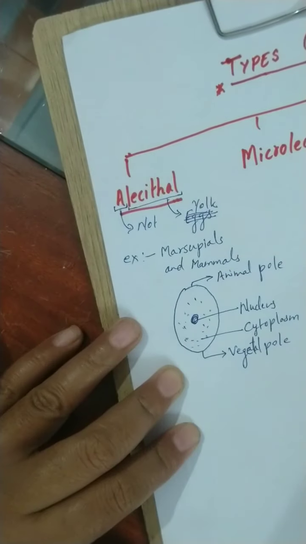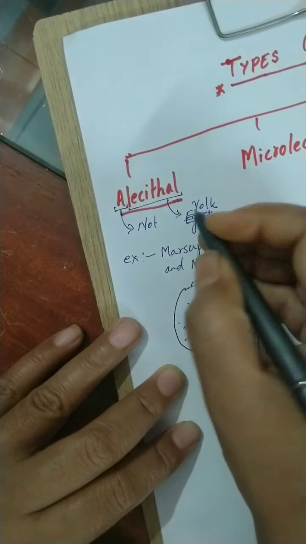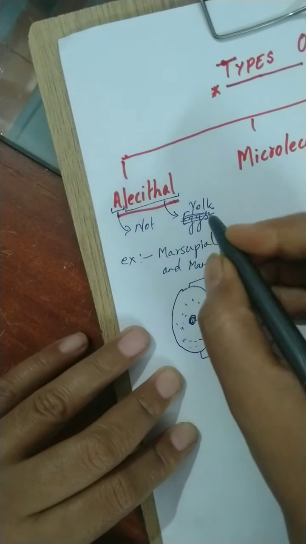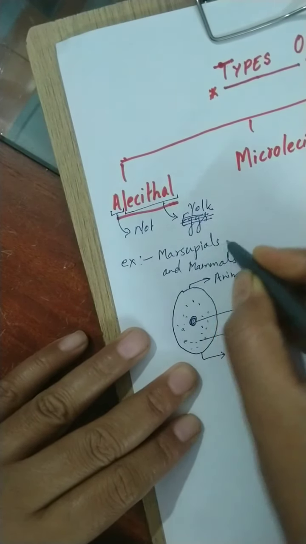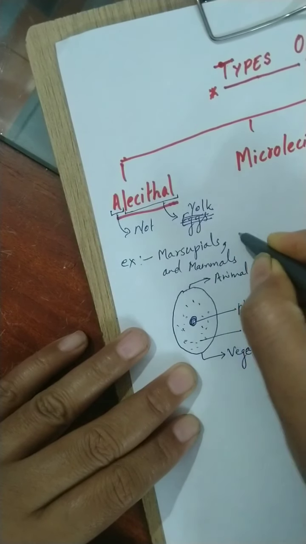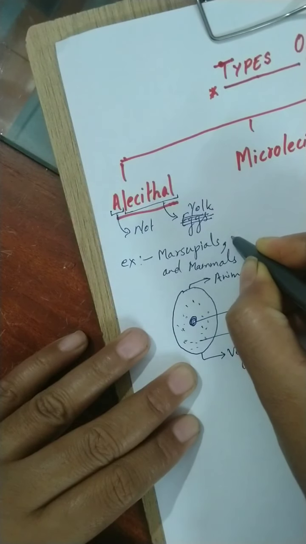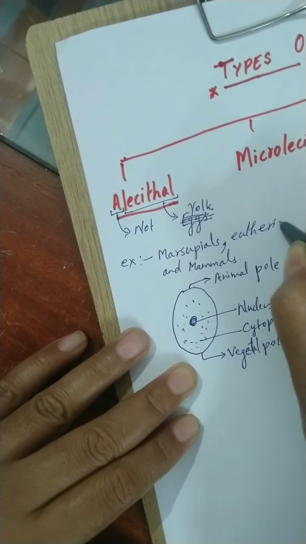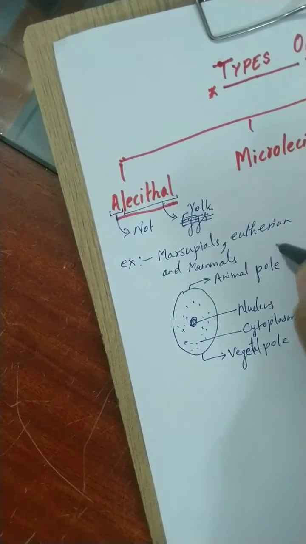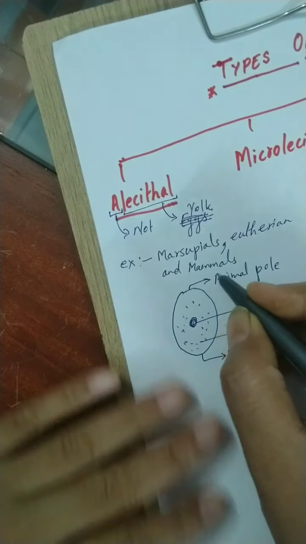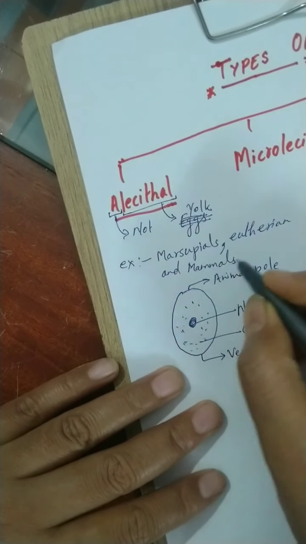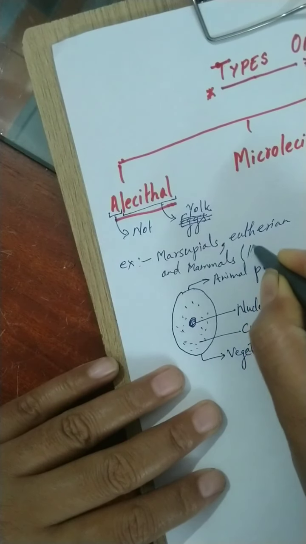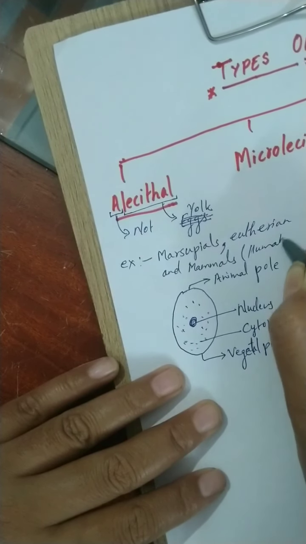The examples of alecithal eggs are marsupials, then eutherian mammals, and human beings.